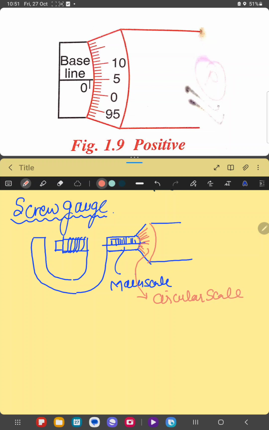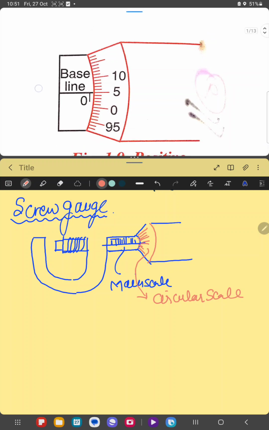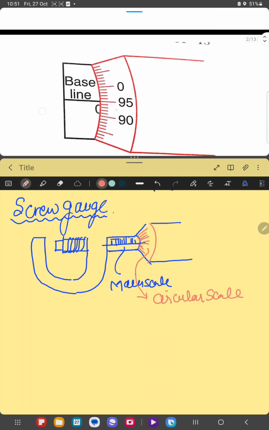As you can see in the upper slide, there is a baseline called the main scale, and there is a circular scale. Here you can see the circular scale.